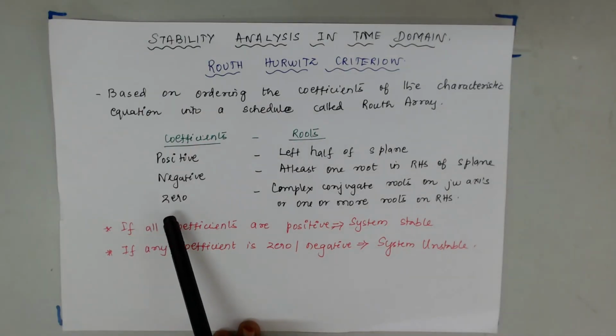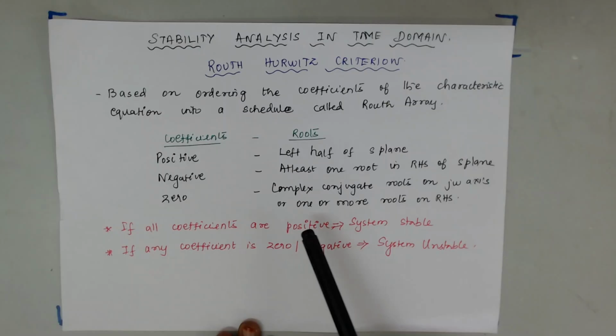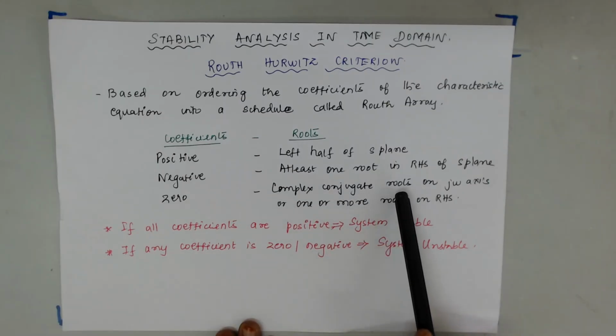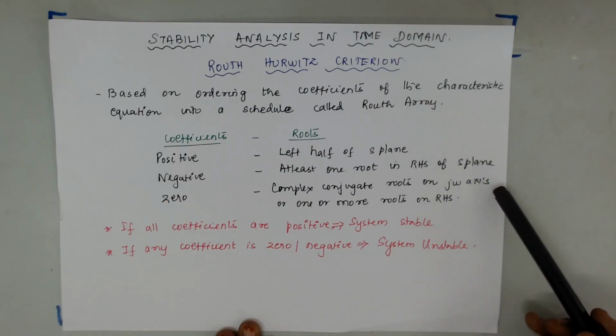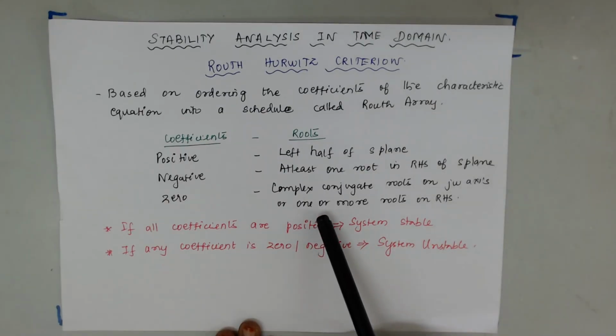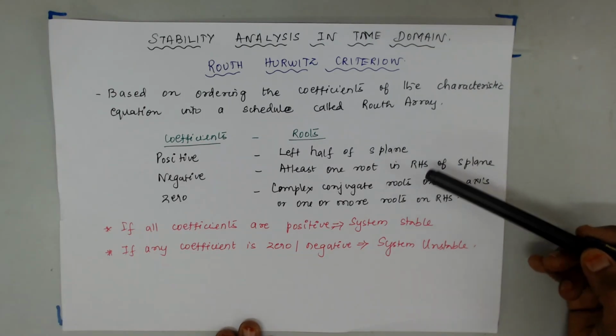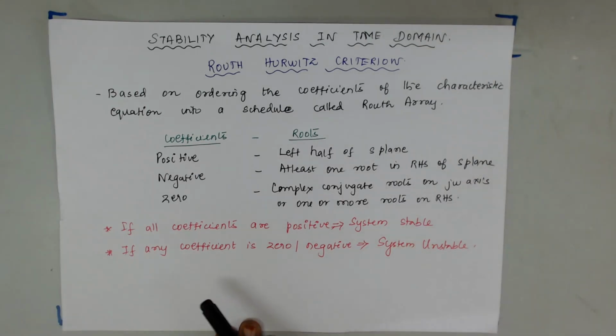Or else if the coefficients are 0, then that indicates the roots of the given system may be complex conjugate roots which lie on the j omega axis, or there may be one or more roots on the right hand side.